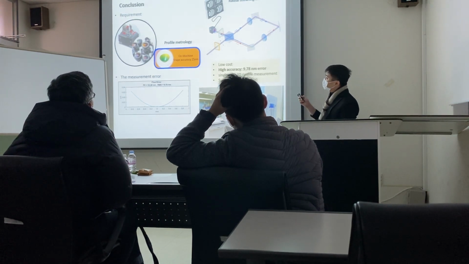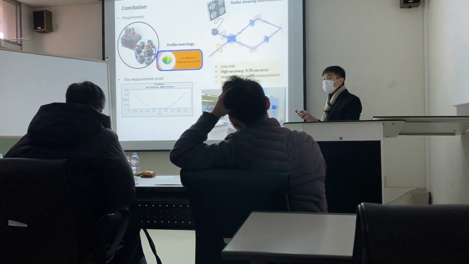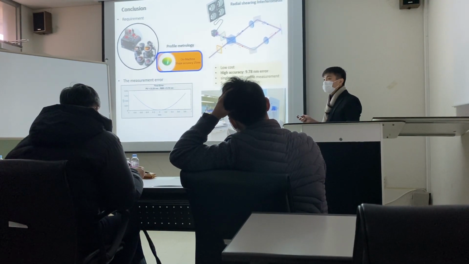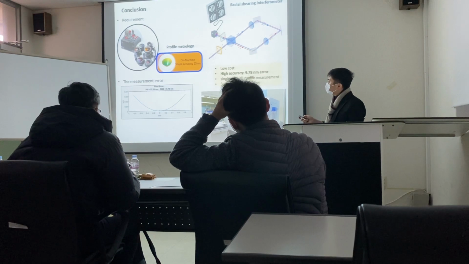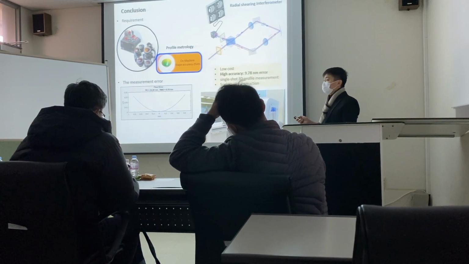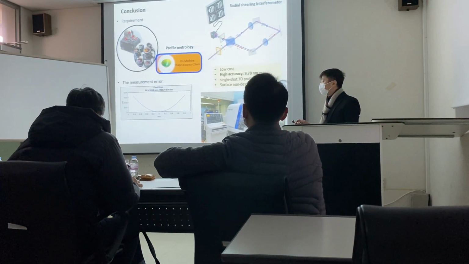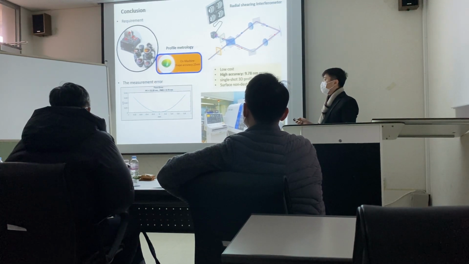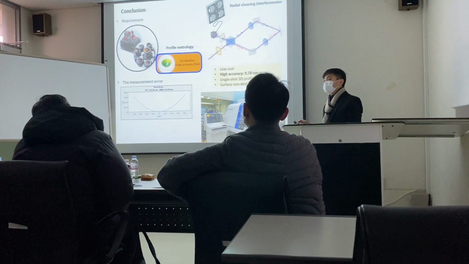The radial shearing interferometer is a low-cost way to develop the system to get this high accuracy I described before. By single shot 3D profile measurement using the dynamic interferometer, we can get the profile with just a single shot and no surface reconstruction.